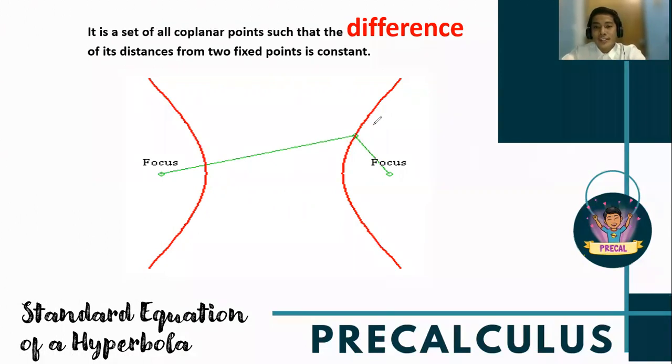There is a constant difference between the distance from a point to one focus and the distance from that point to the other focus. So we simply subtract these distances to get a constant distance.